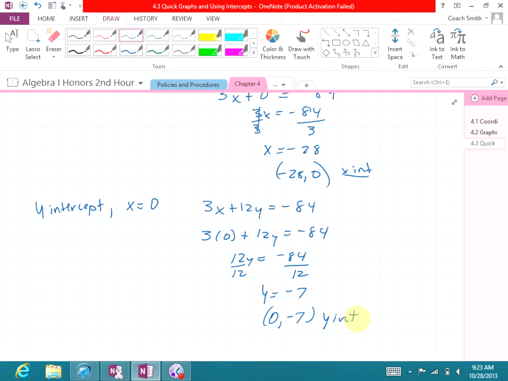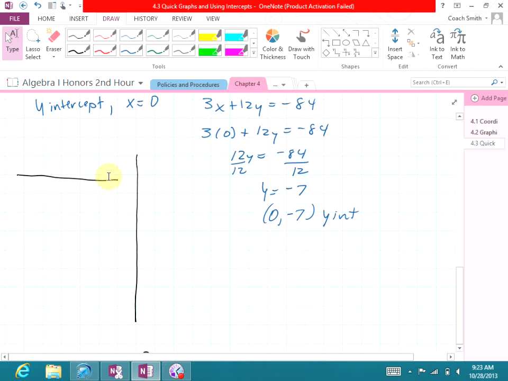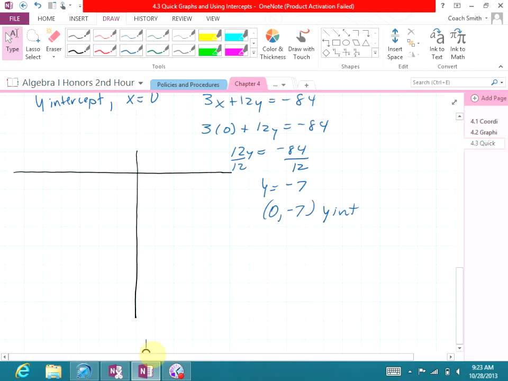So if I was to graph that, just some of these you're going to have to graph, some of them you're not going to have to graph. But if I was to graph that, it's going to look something like this.